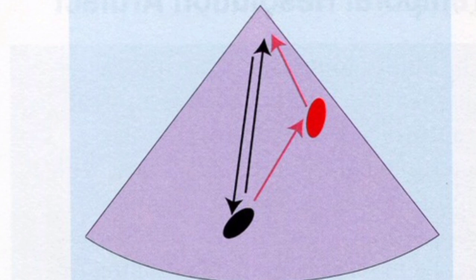Two or more different returning sound beams from the real structure that differ in path and length will emanate. The false image is located usually deeper than the real structure.